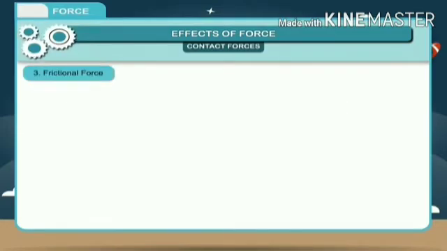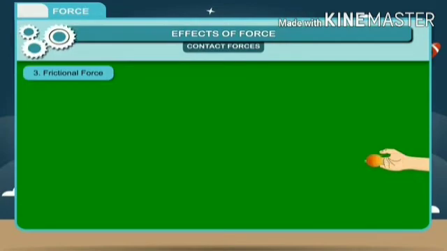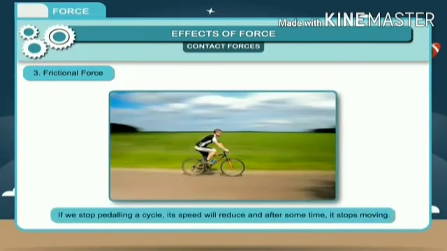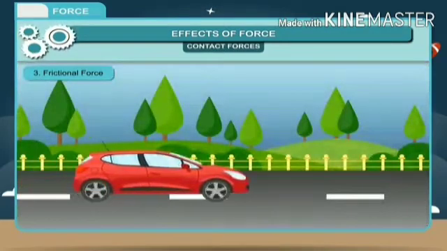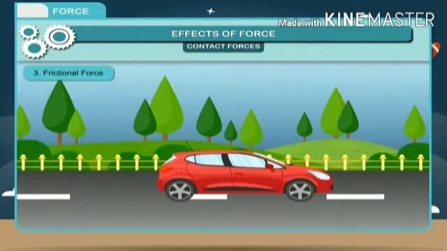3. Frictional force. Roll a rubber ball on the ground. After some time, the ball stops. Similarly, if we stop pedaling a cycle, its speed will reduce and after some time, it stops moving. We have read that a force can move and stop an object. That is, it can bring an object in motion and it can bring an object to rest.